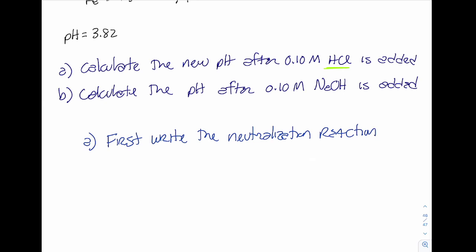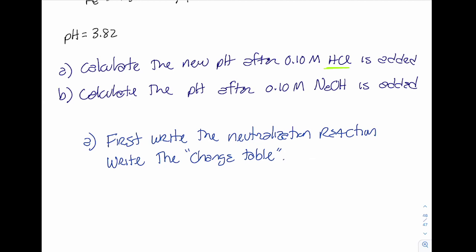Once we do that, we're going to make what's called our change table. So write or make, however you want to say it, the change table, which is going to be a new table different from our ice table. Sometimes I call it the neutralization table because that's what it is. So we're going to write our change table.